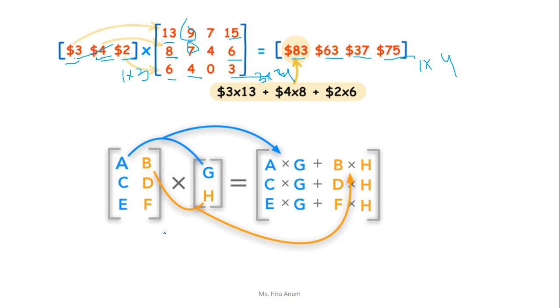You can see this 1, 2, 3, 3 cross 2, and you see this, it is equal to 1, 2, 2 cross 1. Answer will be 3 cross 1.